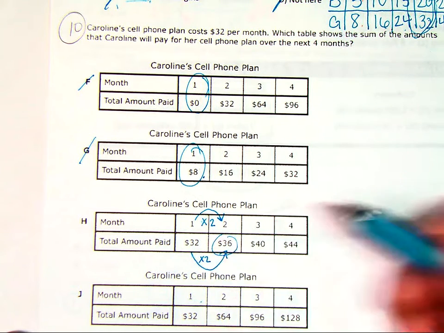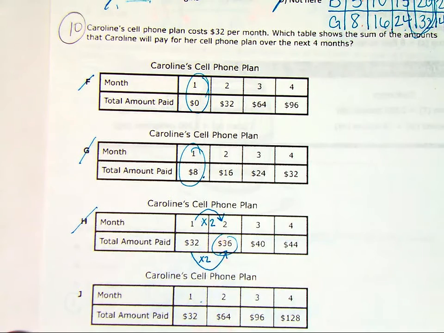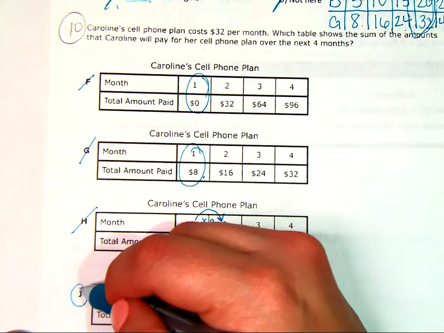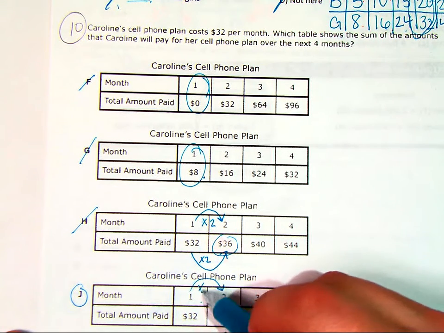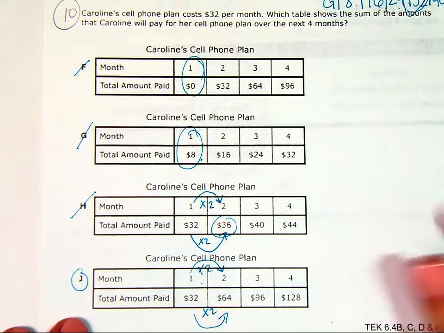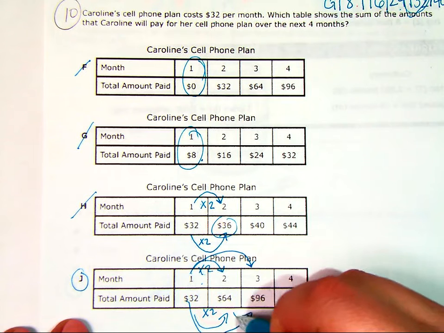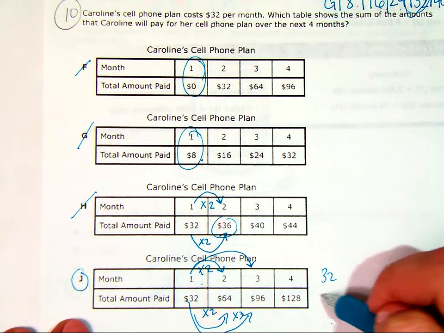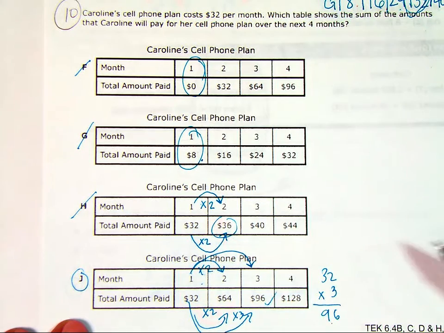So I can eliminate that answer choice, and the correct answer choice then is J, where I do see using a scale factor of 2, I would get 64. Using a scale factor of 3, you'd get 96. And finally a scale factor of 4.